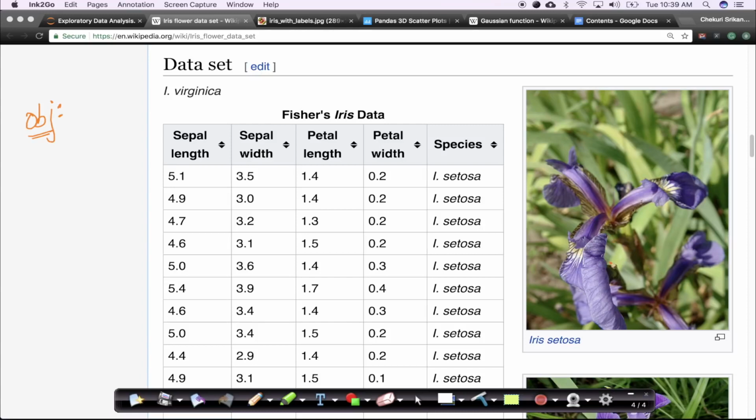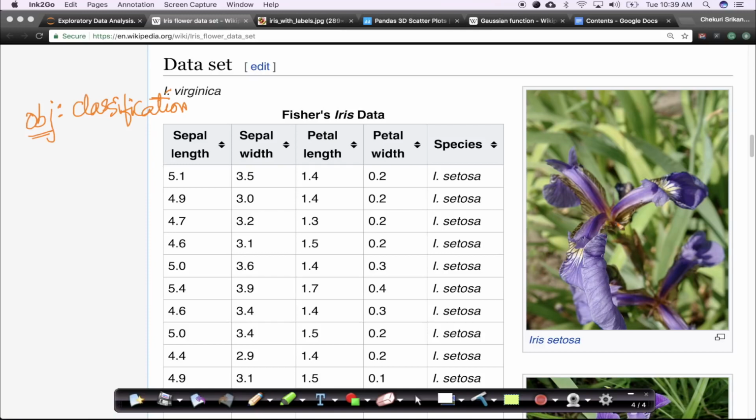If a person picks up a flower and brings it to us, can we determine whether that flower belongs to the setosa class or the virginica class or the versicolor class? So we are doing a classification task. Our objective is to classify a given flower into one of the 3 categories.